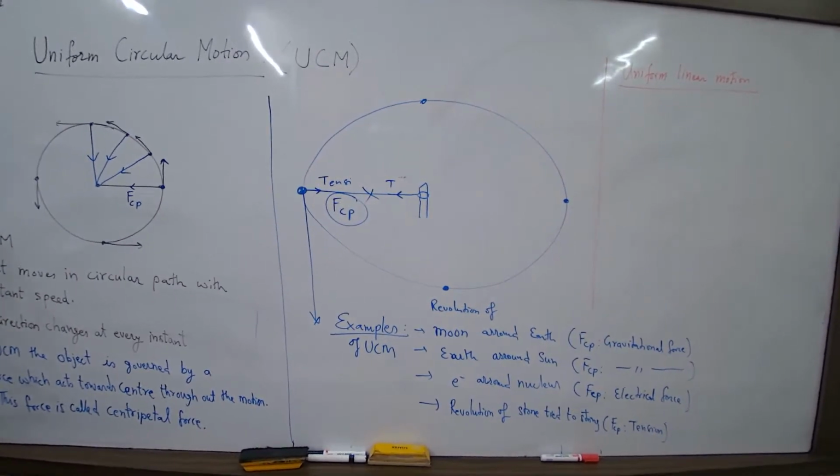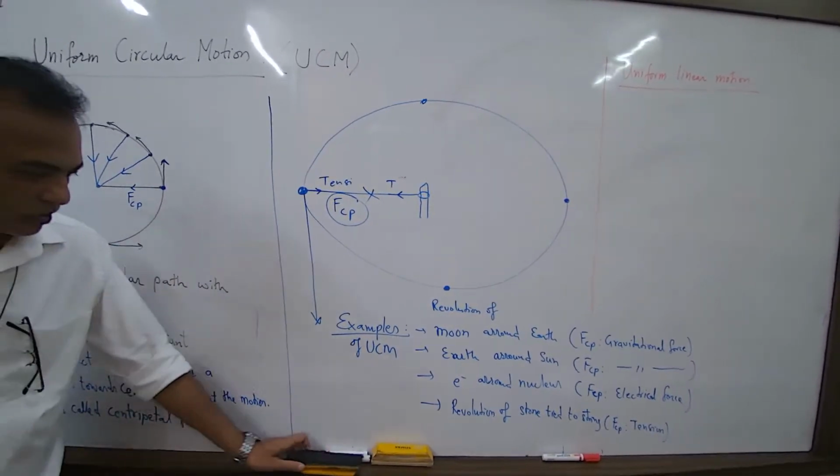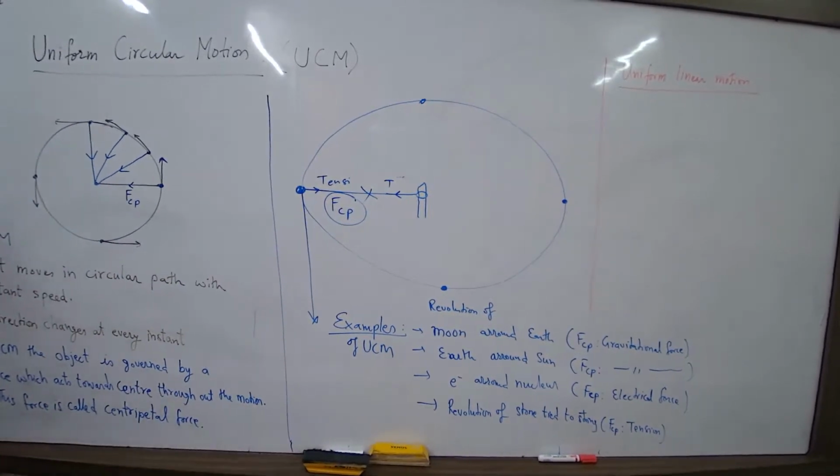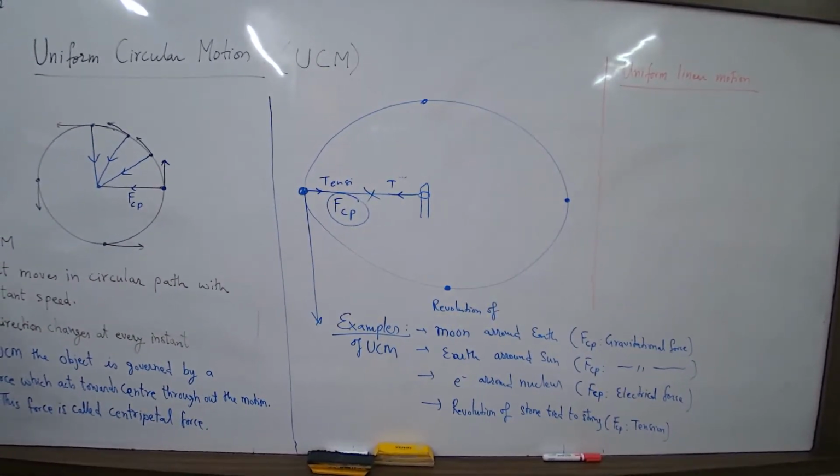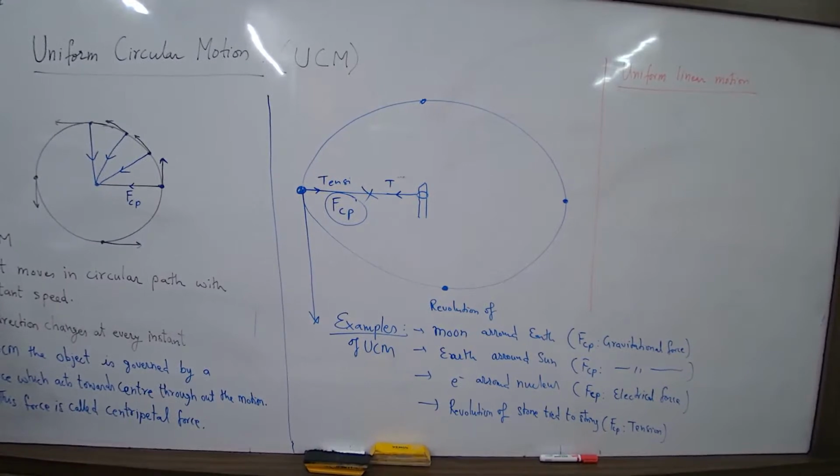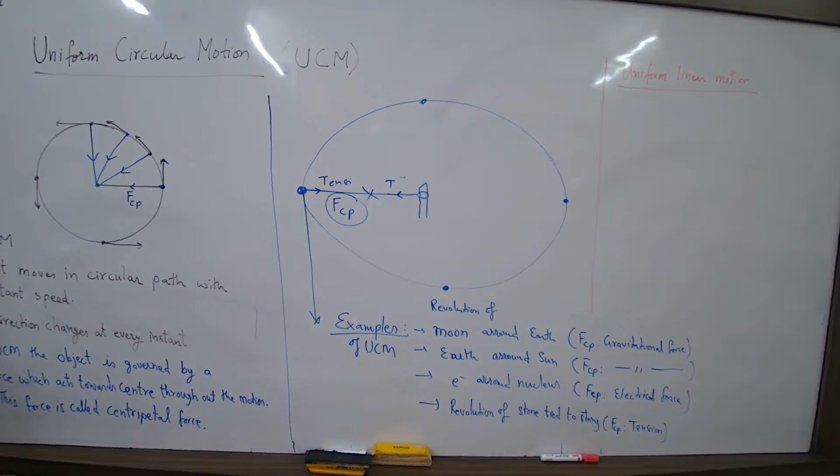There is one very important characteristic that we forgot to mention. In the characteristics of uniform circular motion, its direction changes at every instant. It is accelerated motion. So direction changes means what? Its velocity changes. Speed is constant, but not velocity.